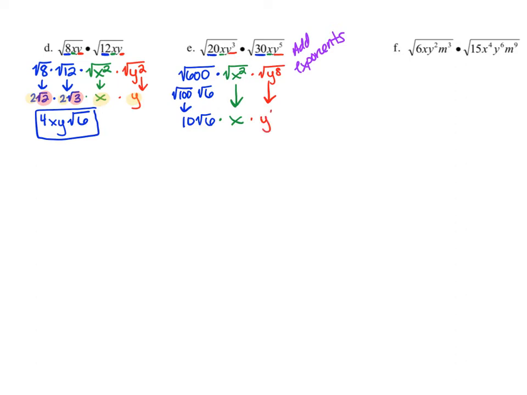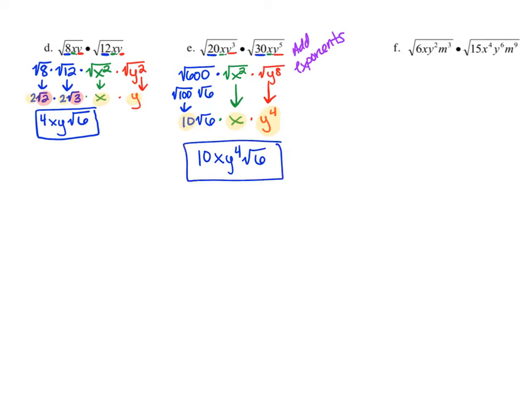So that would be y to the 4th. So now you just take everything that's not under the radical and bring it to the front. So that would be 10. Let me switch back to the pen, sorry. 10xy to the 4th. And then under the radical, you have a 6. So radical 6. That would be your final answer.